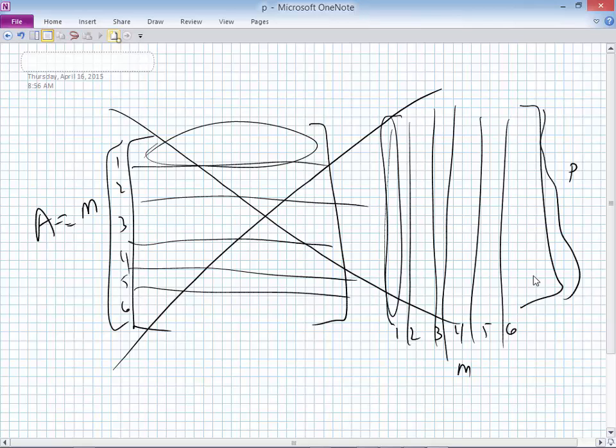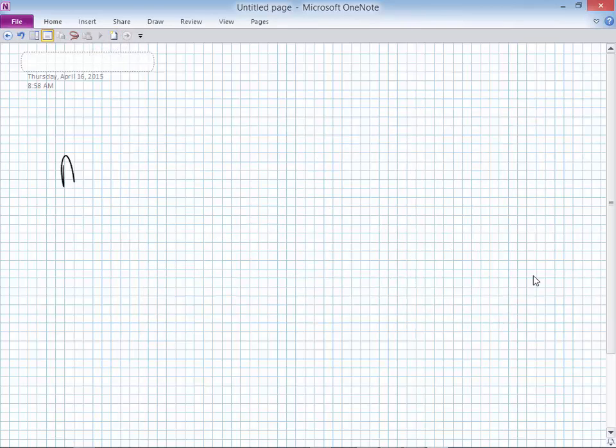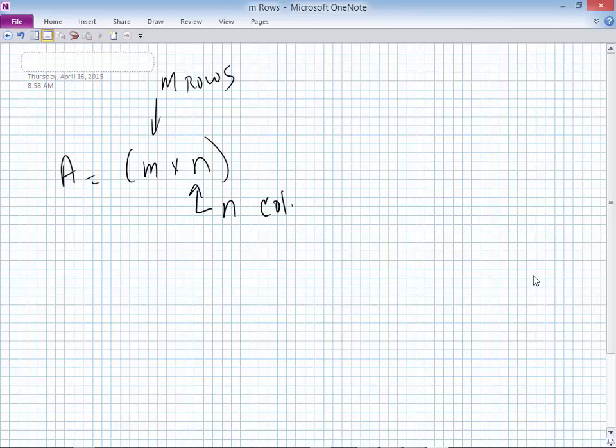I made mistake number one. So A is a matrix, and it's M by N. So it's got M rows. Scratch that whole last page. I just went down the wrong path there. And N columns right there.